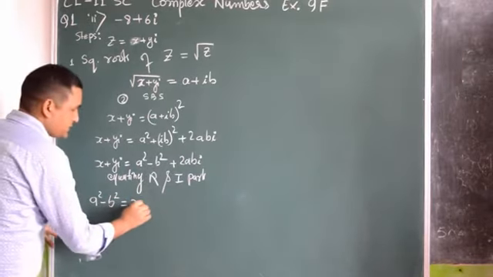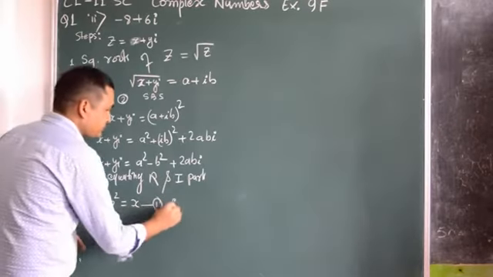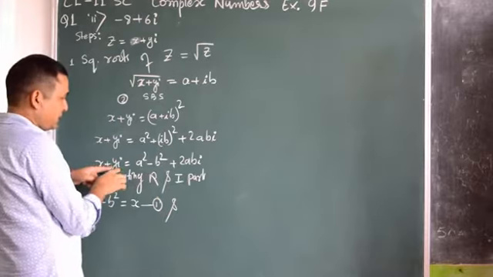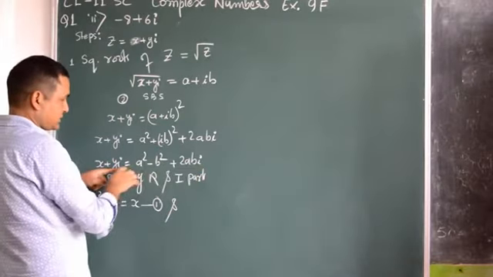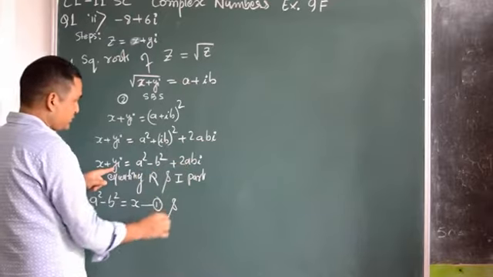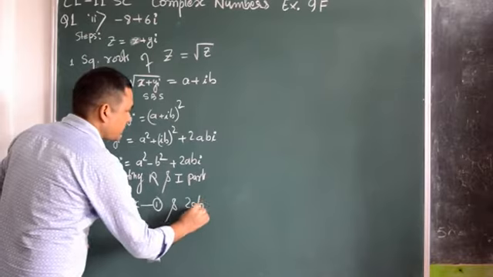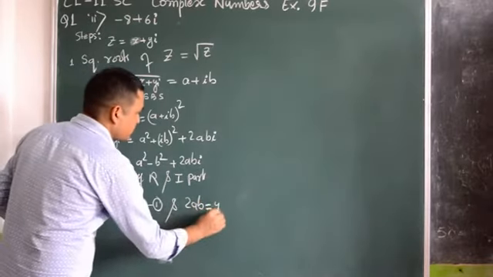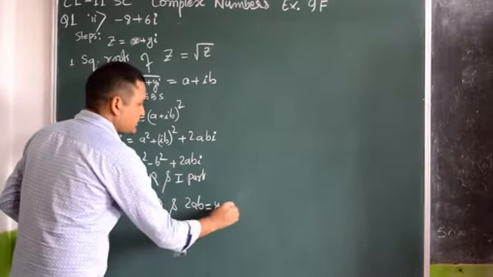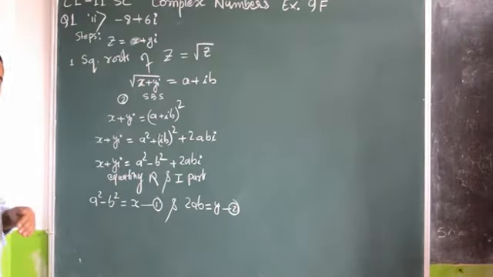We can consider this is equation 1. Then 2ab, leaving out i because they have the same coefficient, 2ab equals y. You can consider this is equation 2.